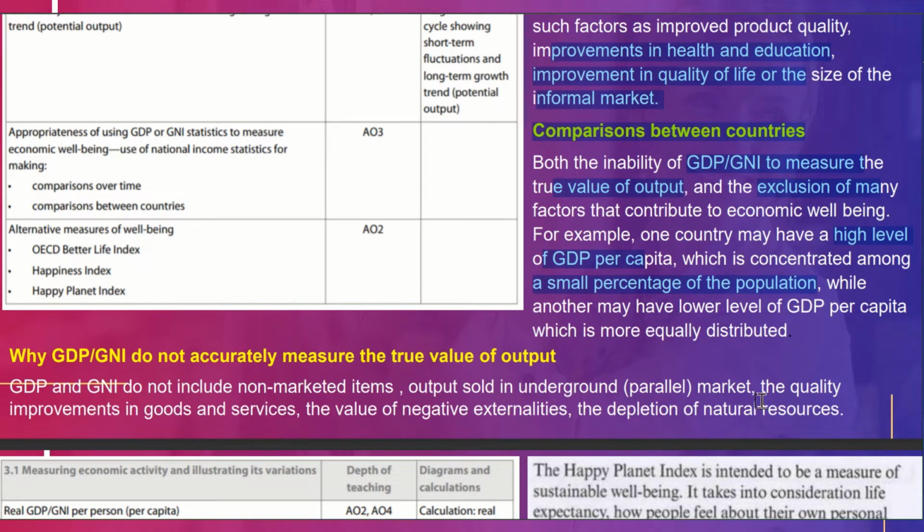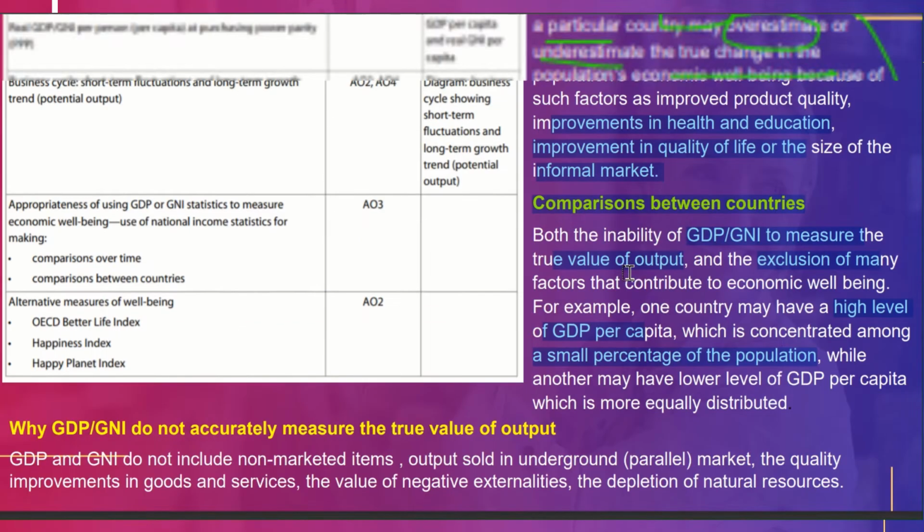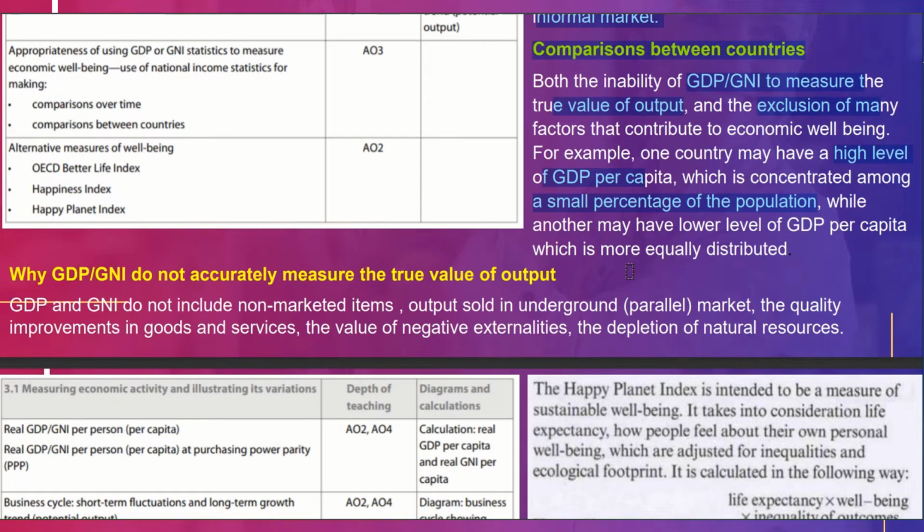Countries like Denmark and Norway will definitely have higher GDP per capita because their population is very small. Another country may have a lower level of GDP per capita which is more equally distributed. So in countries like India, the population is huge, and even though the country is producing a large amount of output, the real GDP per capita is still lower.